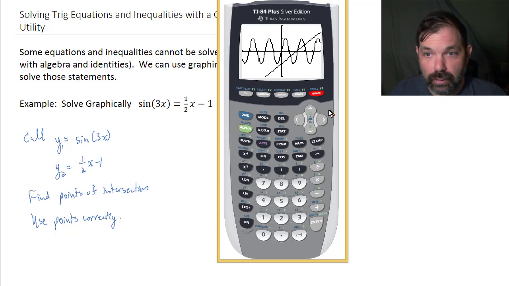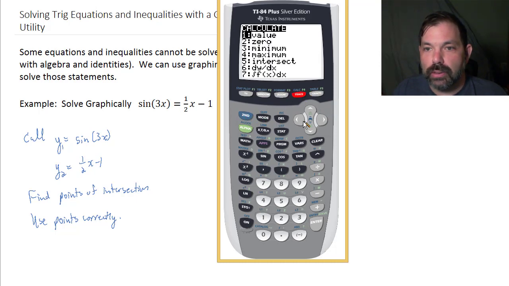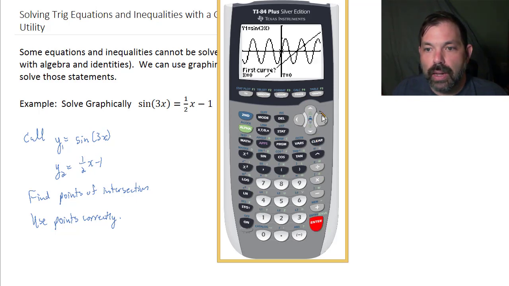Let's calculate them. So I go into my Calc menu by hitting second and the trace button, and I bring up the intersect command. That's the 5th option. I'll hit enter. And now I need to tell the calculator where to look. I want to look at the first curve, being the sine 3x curve.